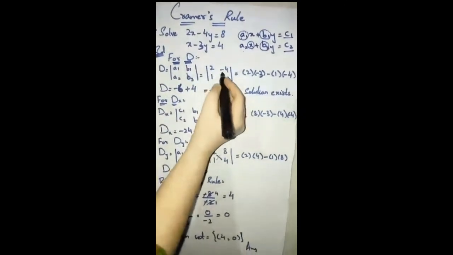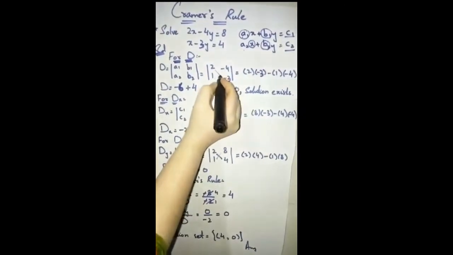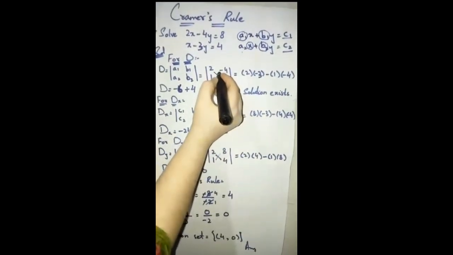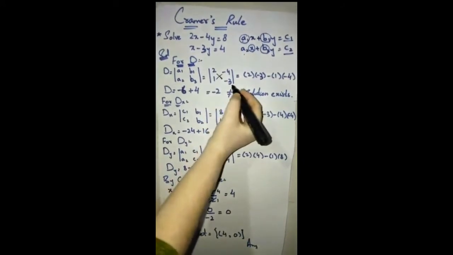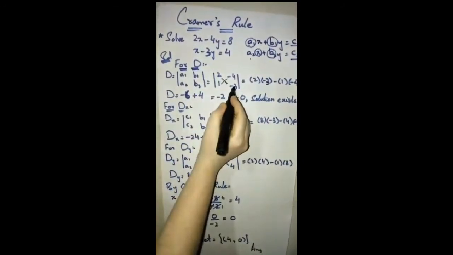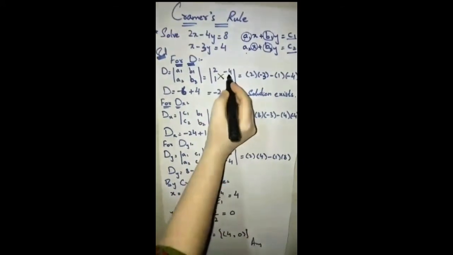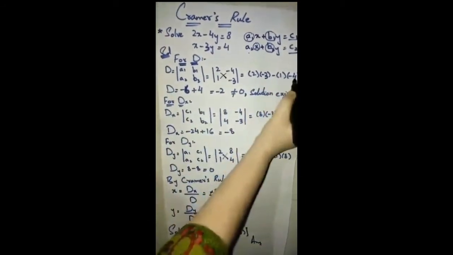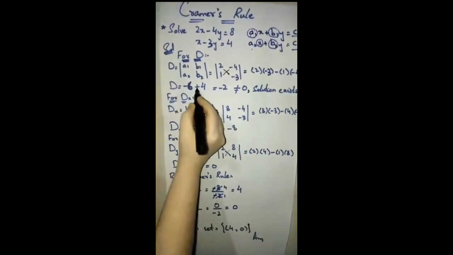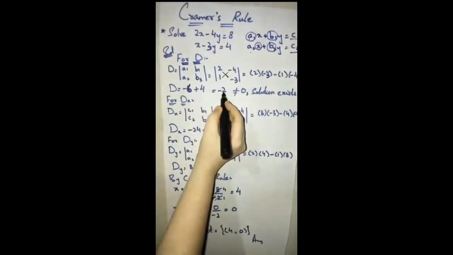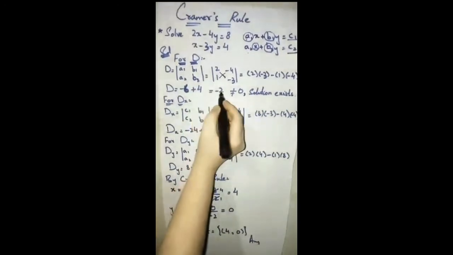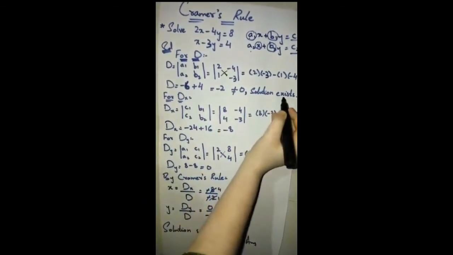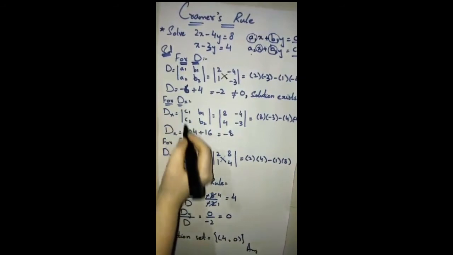In a determinant, we multiply the diagonal elements, and after that subtract the other product. 2 multiplied by -3 minus 1 multiplied by -4. D equals -6 plus 4, which equals -2, which is not equal to 0. Solution exists. We solve Dx and Dy.